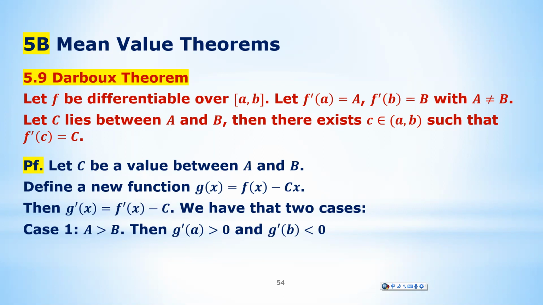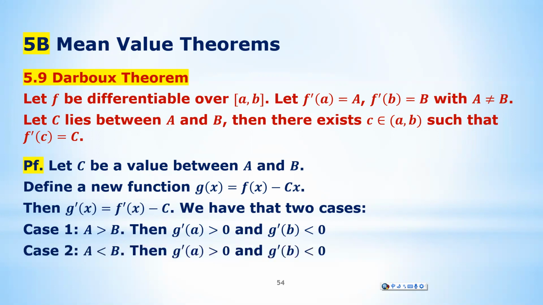So therefore, g prime a has to be greater than 0. And also, g prime b should be less than 0, because C has to be greater than f prime b. So in case one, when f prime a is greater than f prime b, the derivative of the new function at a is greater than 0, and at b is less than 0.